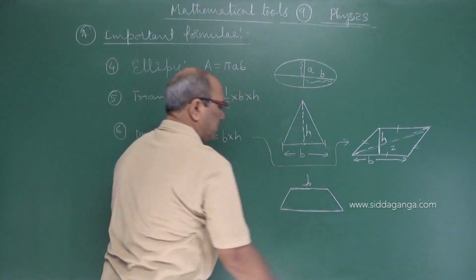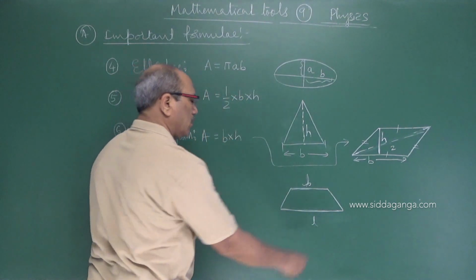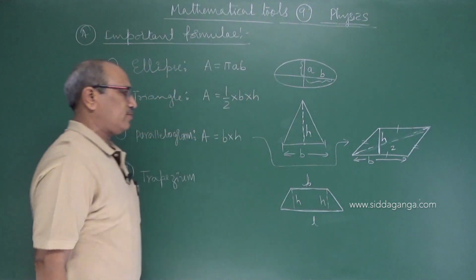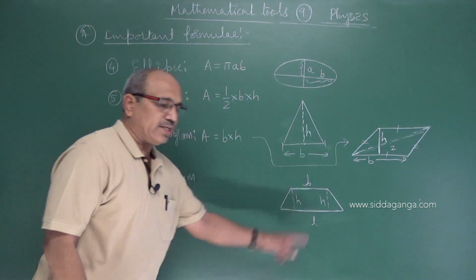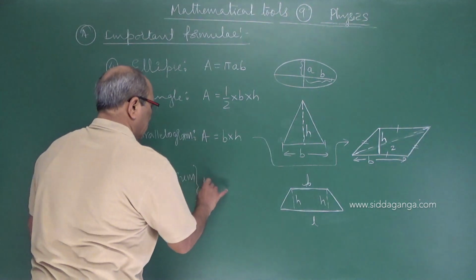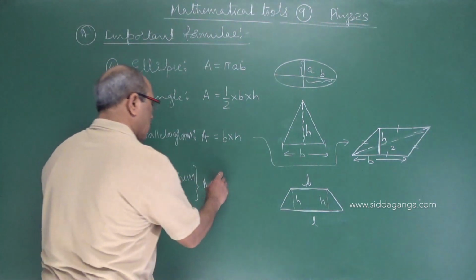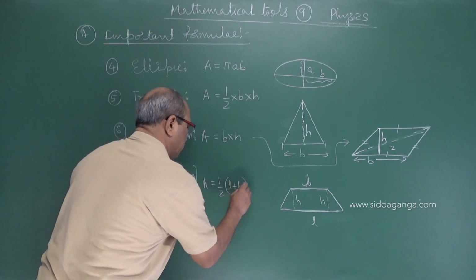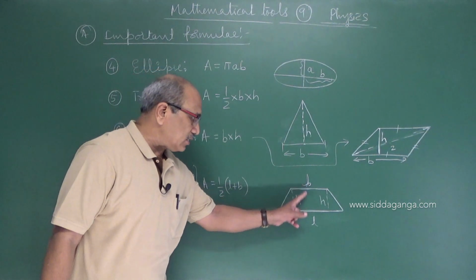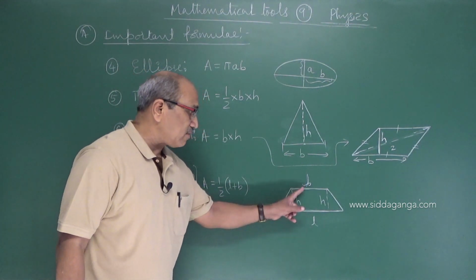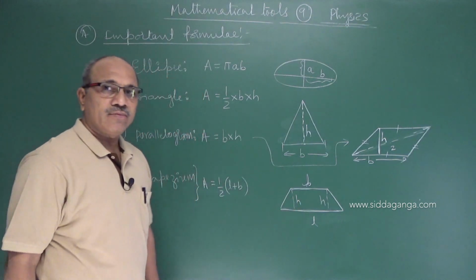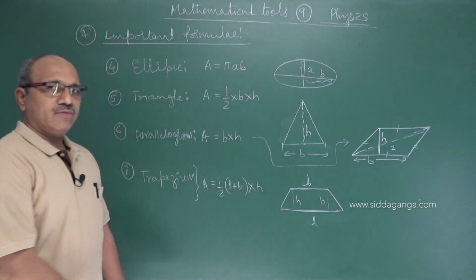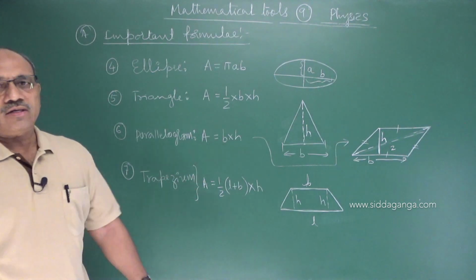This is of length B, this is of length L, and there is a perpendicular distance between the two parallel lines, which I am calling H. The surface area is half into the sum of the two parallel side lengths, L plus B. Please listen to my words: sum of the lengths of parallel sides, L and B, into the perpendicular distance between them, H. This gives you the area of the trapezium.